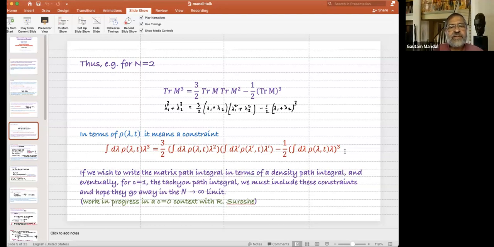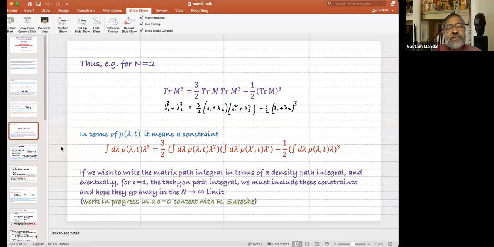So the idea here is that it should go away somehow in the n going to infinity limit, so that you recover an unconstrained path integral in terms of the tachyon field, the massless scalar field of the 2-dimensional string theory. The string theory path integral does not have any constraint.